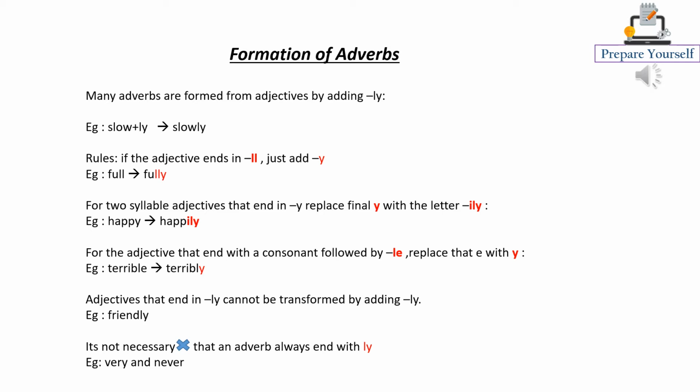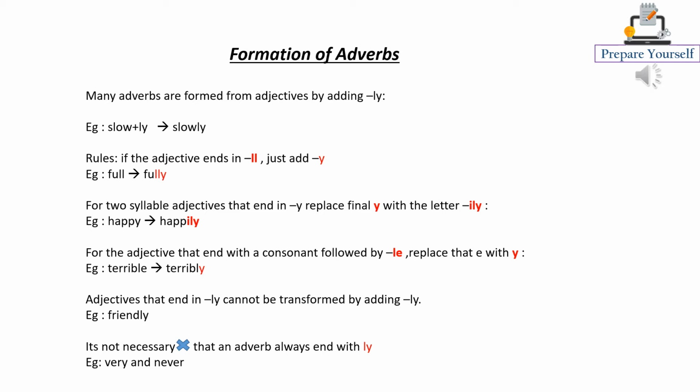You know AEIOU are vowels, but we are talking about consonants here. Other alphabets are called consonants except AEIOU, right? So B is a consonant. So if the letter before LE is a consonant, we have to add Y at the end to make it an adverb.